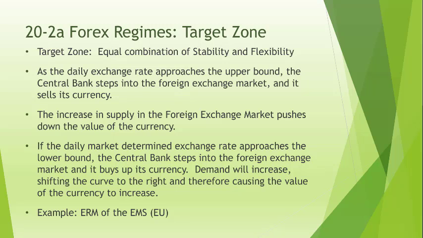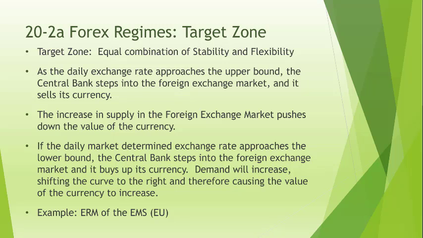But basically, in that case, you're going to have to continue buying your own currency, in other words, selling those foreign exchange reserves. And the problem comes when you start to run out of those foreign exchange reserves. If you do, then you're going to have to change where the target zone is. In other words, you're going to have to what we call realign the target zone.